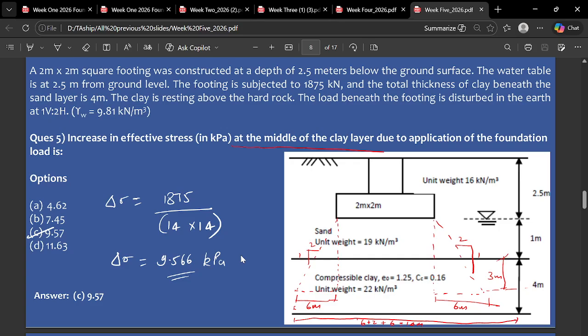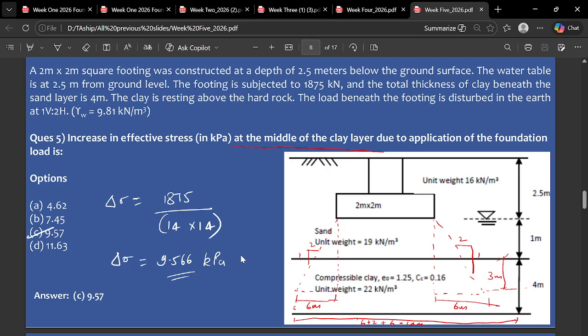That is interpreted by assuming that the increment in the vertical effective stress happens in the ratio of 1 to 2. So if you're moving 1 meter in depth, the increment in the vertical effective stress will be twice.